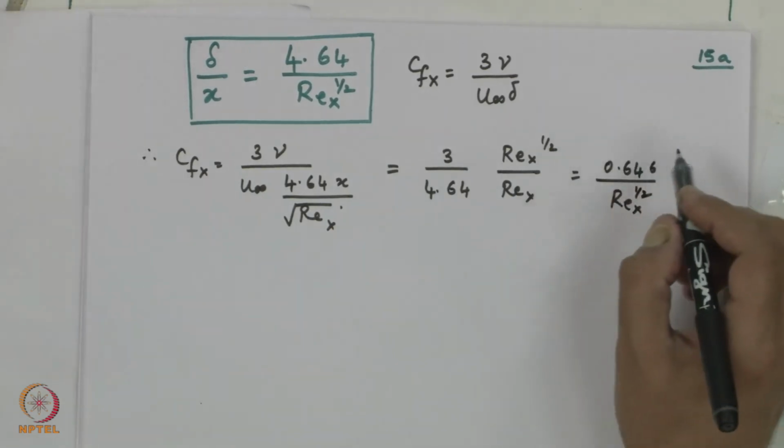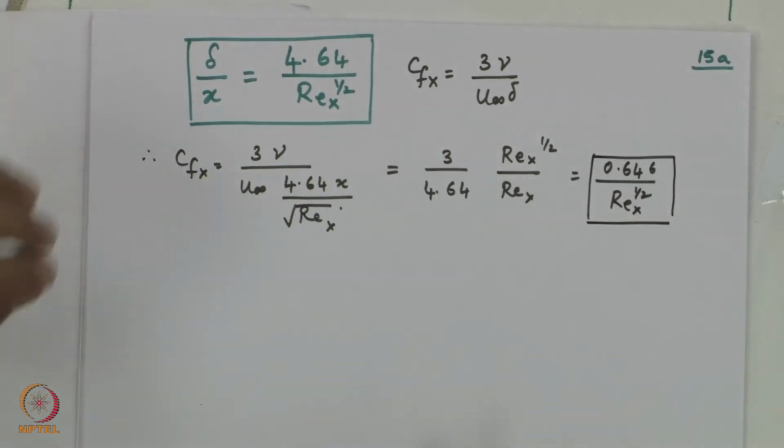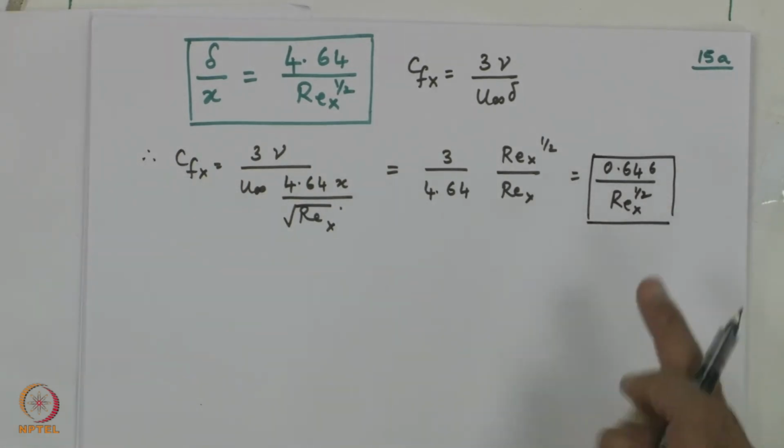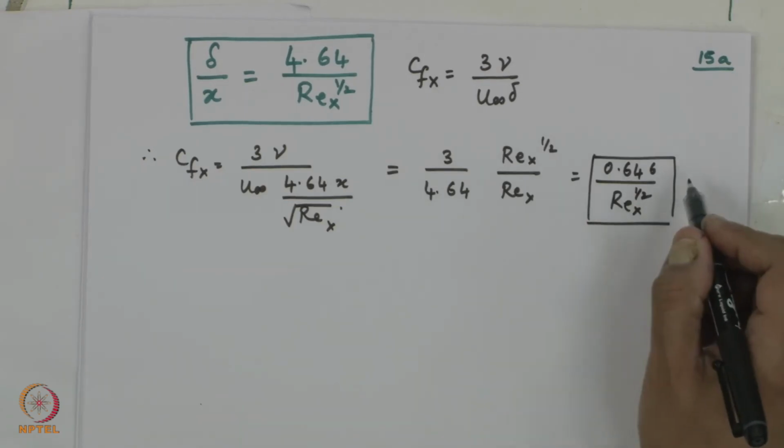What was it that we got? It was something like 0.622, or 0.664 I think. So we are having a number for the coefficient of friction very close to what was obtained in the exact solution. 0.664 was there, we are getting 0.646.